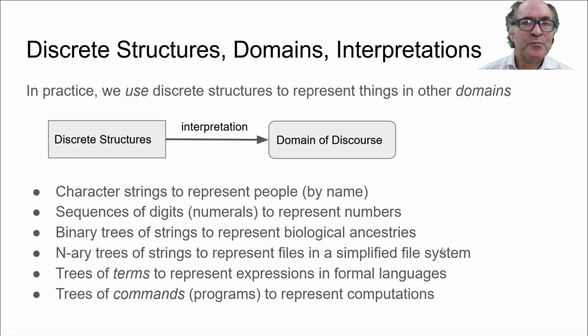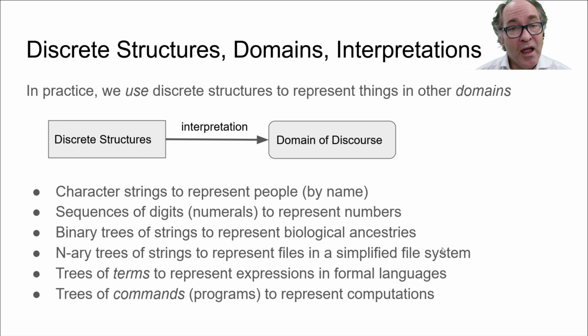Okay, so here are some examples to try to make this concept of a symbolic set of discrete structures and an interpretation that tells you what each such discrete object is intended to mean in some domain. So we can use character strings, which are, as we've already discussed, discrete structures, right?